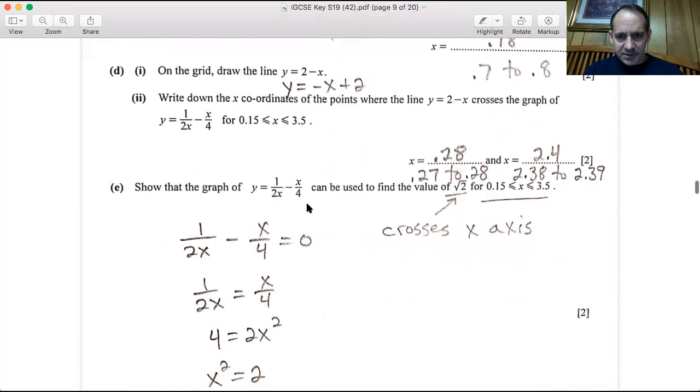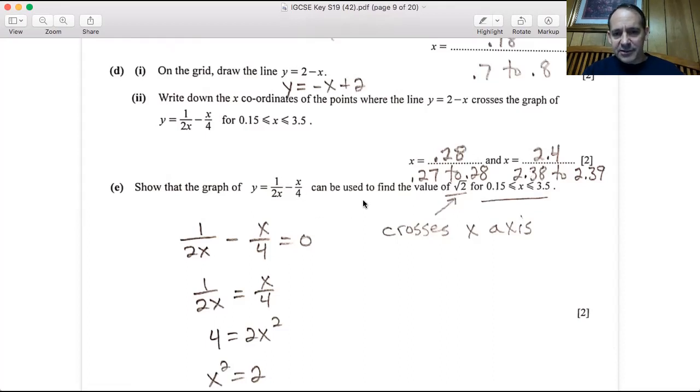Now, show me that this graph can be used to find the value of root 2. Now, I have to admit, I don't really like the way Cambridge worded this question because it kind of leaves you hanging there. How do you use this to find root 2? You're not really sure what you're supposed to do with it.